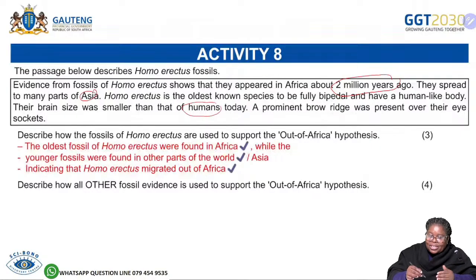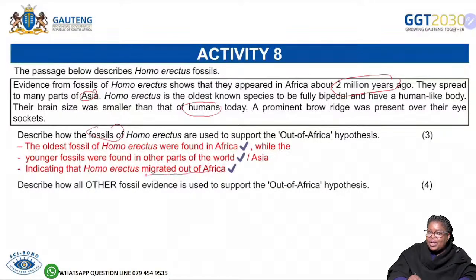Remember, we need you describing the fossils of Homo erectus as used to support out of Africa. So the oldest fossils of Homo erectus were found in Africa, while the younger fossils were found in other parts of the world, and that indicates that Homo erectus migrated out of Africa.